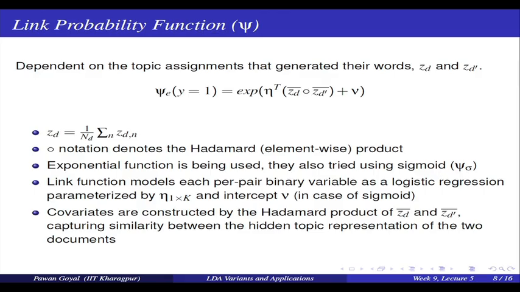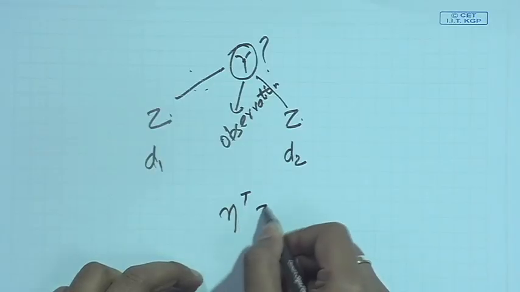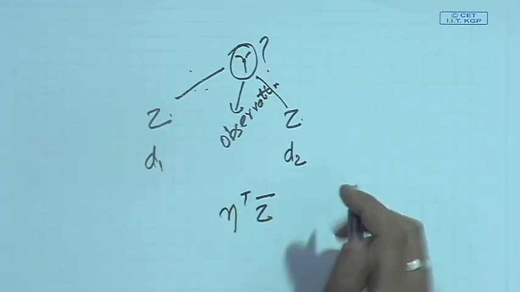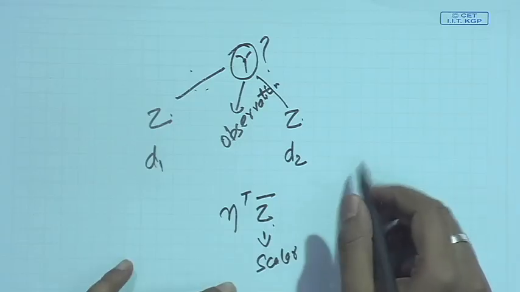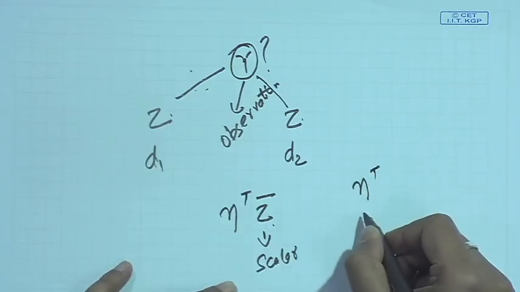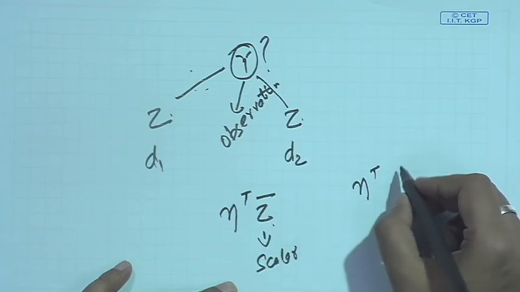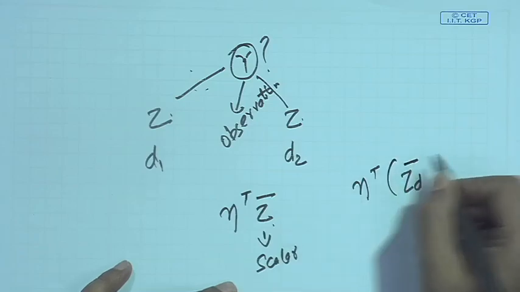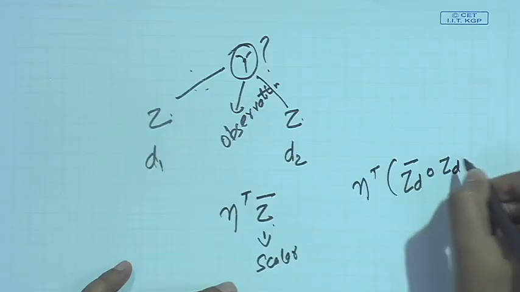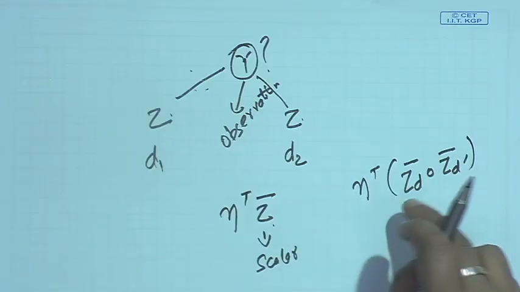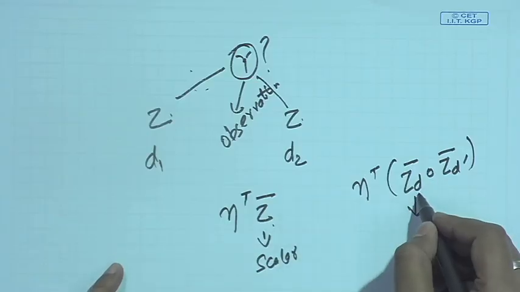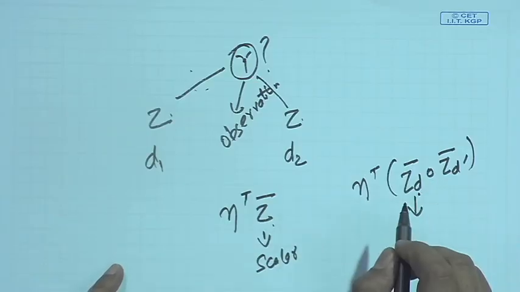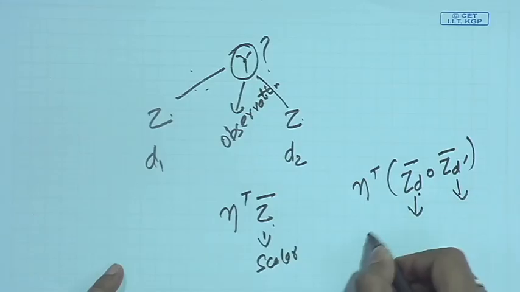So, remember in the supervised LDA model also we did eta transpose Z bar, right, and this gave me a scalar. Two vectors you are multiplying, they are giving you a scalar, they have the same dimensions. Right now, here also you have eta transpose, same dimension as the number of topics, and you are multiplying it with Z_D bar Hadamard, the element-wise product with Z_D prime bar. Now what are Z_D and Z_D prime? Z_D is the topic probabilities in document D, okay, and this is in document D prime. Again they are vectors.